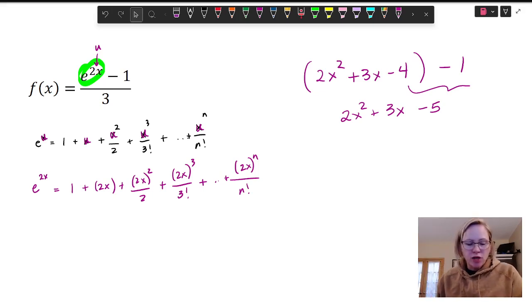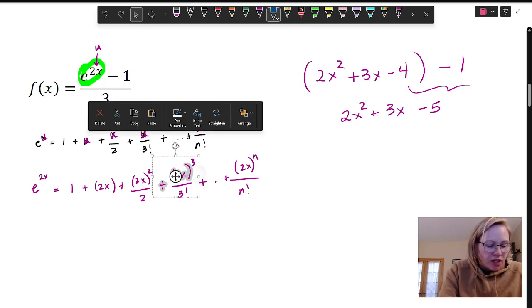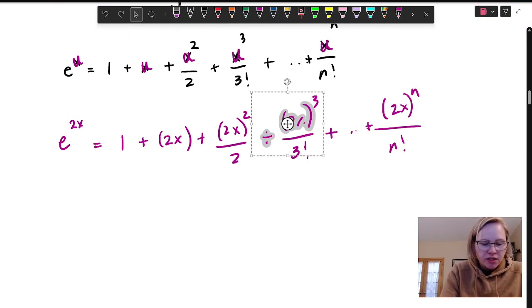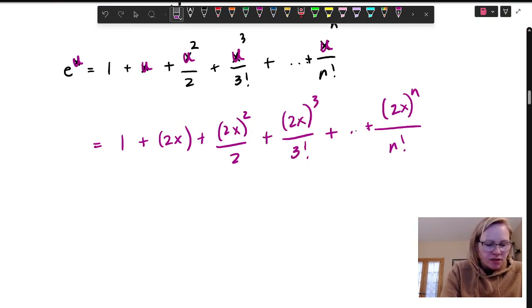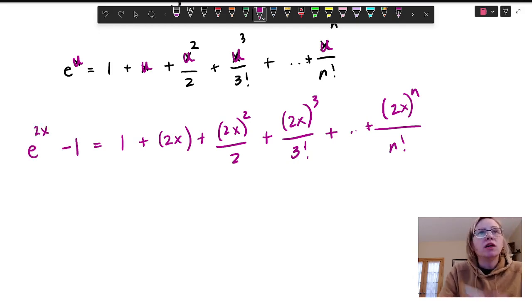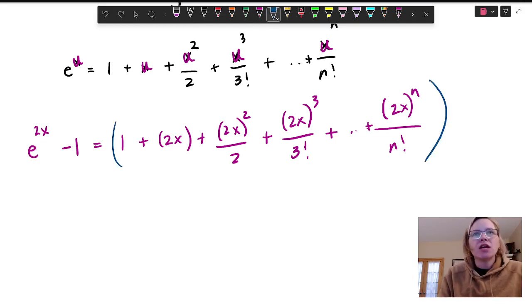So if I'm subtracting 1 from this Maclaurin series, I want to think about it the same way that I would that polynomial. So if I take e to the 2x, and I make it e to the 2x minus 1, when I go to subtract 1, I'm literally taking this polynomial and subtracting 1.